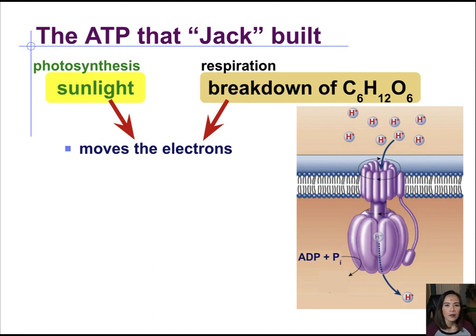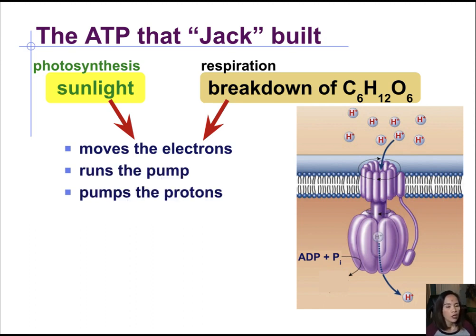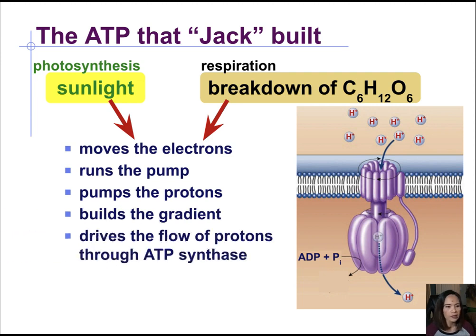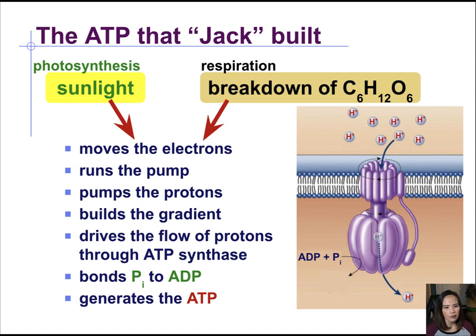Both basically moves electrons and runs the pump and pumps the proton and builds the gradient and drives the flow of protons to the ATP synthase and bonds the phosphate to ADP and generate ATP. So phosphate to ADP, so 2 P's, A becomes ATP. And that's basically how we kind of like pump that ATP.